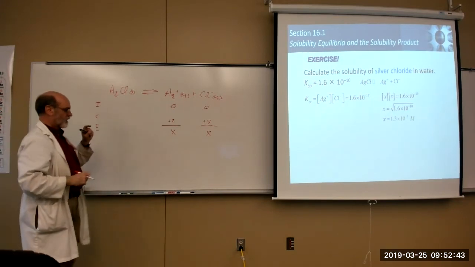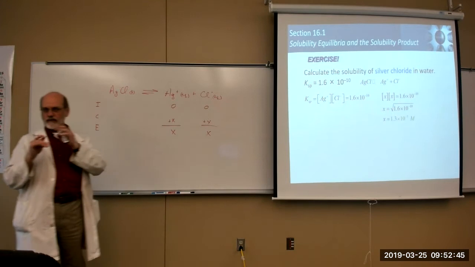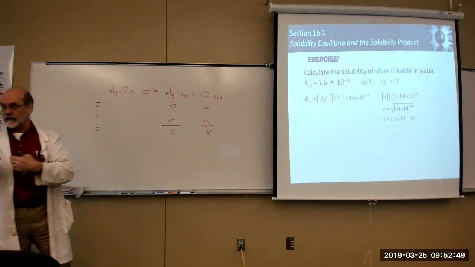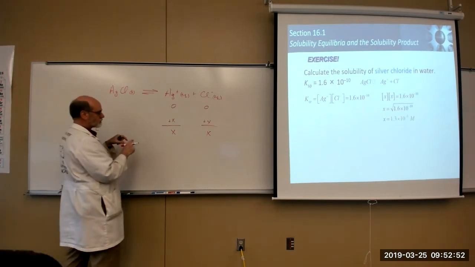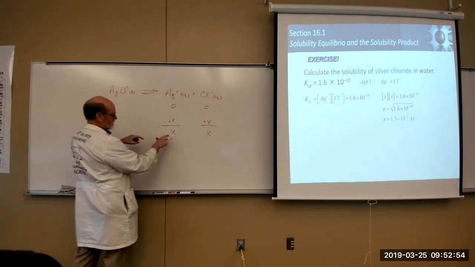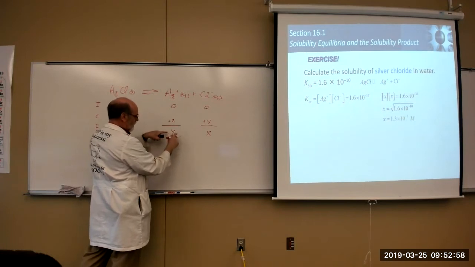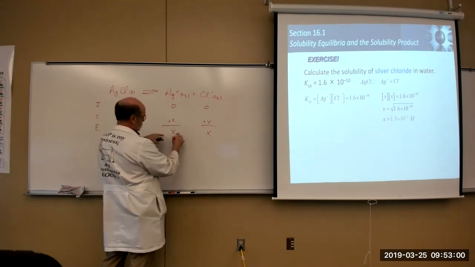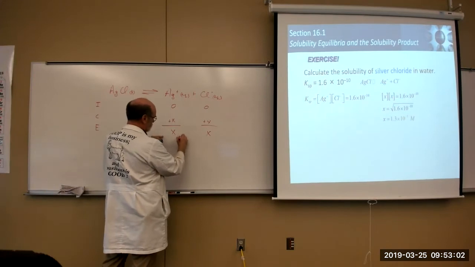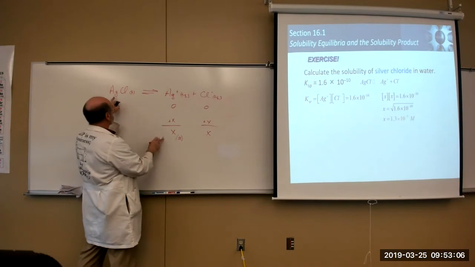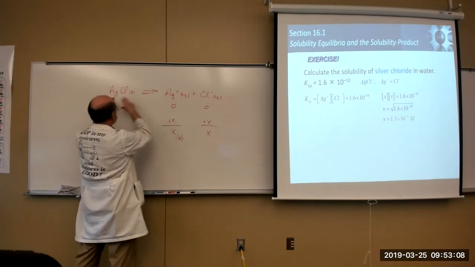Now, here's where you draw the relationship, the connection between solubility product and solubility. Solubility says, if this is X, then this amount of X, of course, in molarity, will be the solubility of this, because it's 1 to 1.